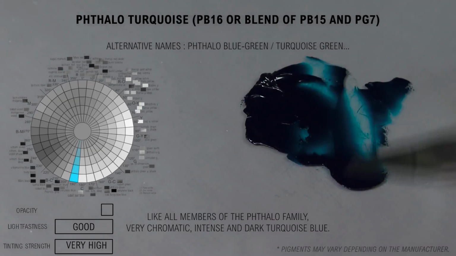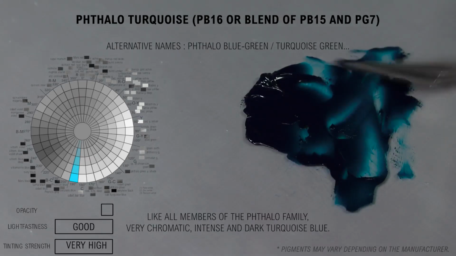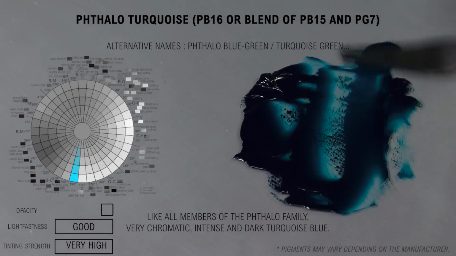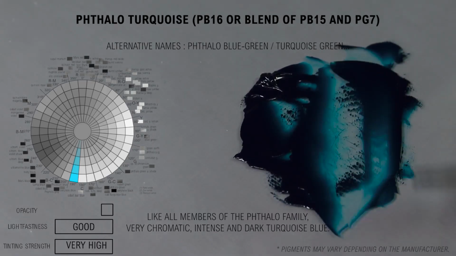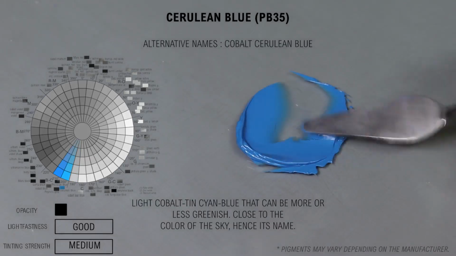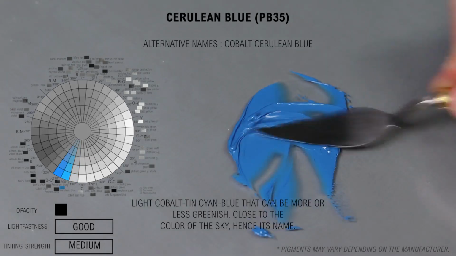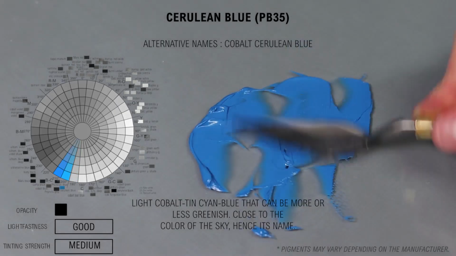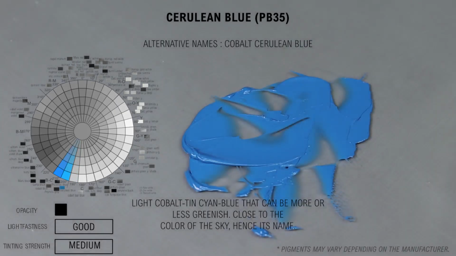Phthalo turquoise, like all members of the phthalo family, is a very chromatic, intense, and dark turquoise blue. Cerulean blue is a light cobaltine blue that can be more or less greenish with a relatively low covering power. It's an opaque pigment that can be useful if you need a blue that draws more towards cyan.